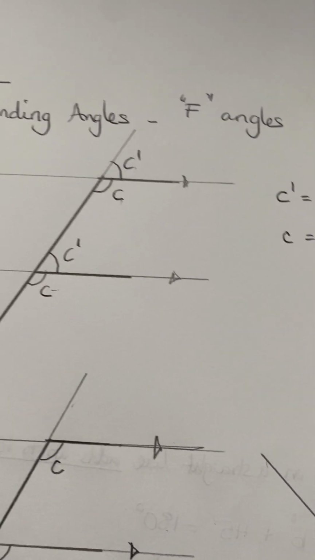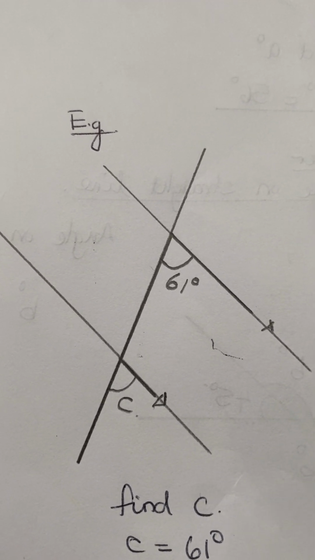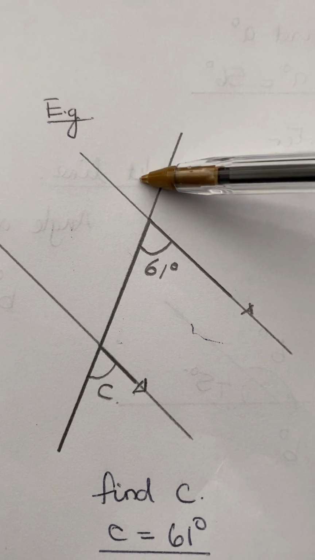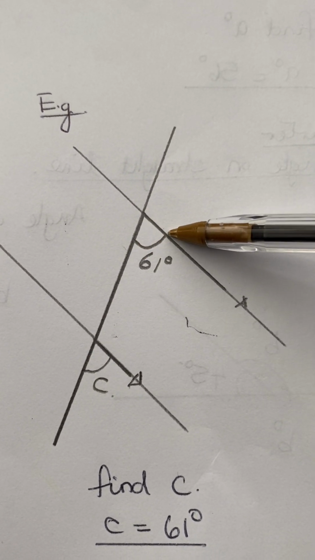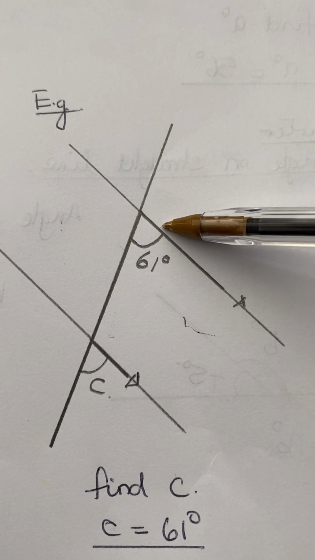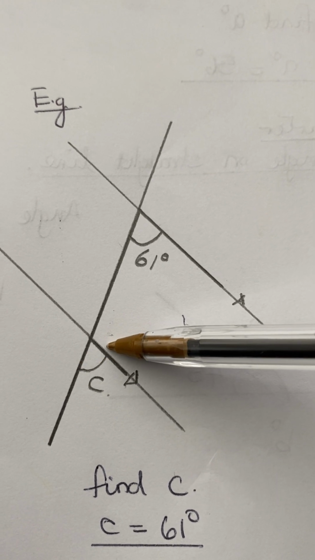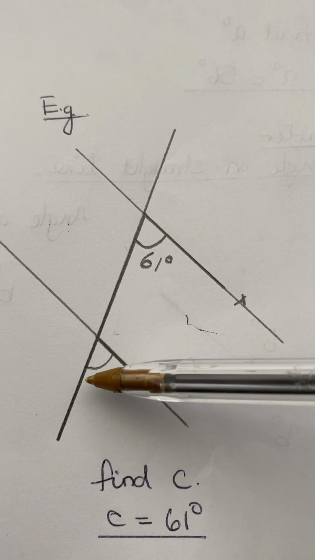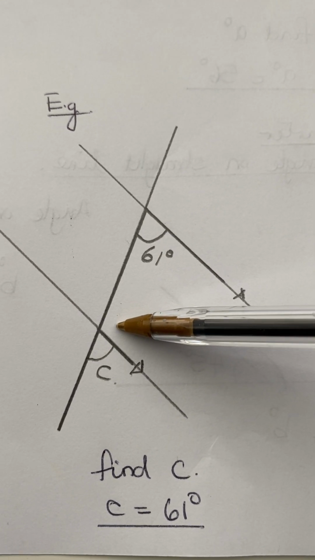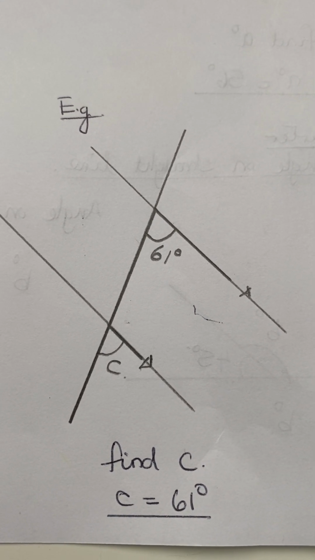Now with the parallel lines, this shape, okay, so the F is here. Now we've been given this angle here, so this angle 61 is the same as this angle C. So if this is 61 degrees, then this will also be 61. So C will be 61 degrees.